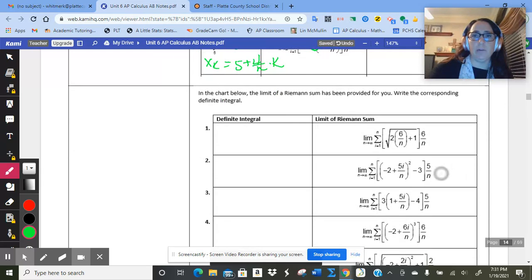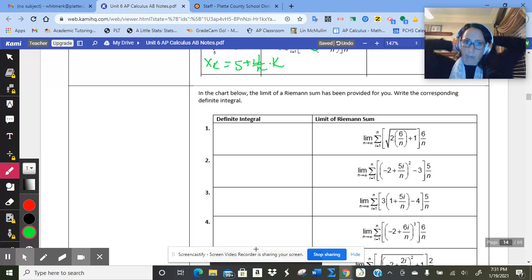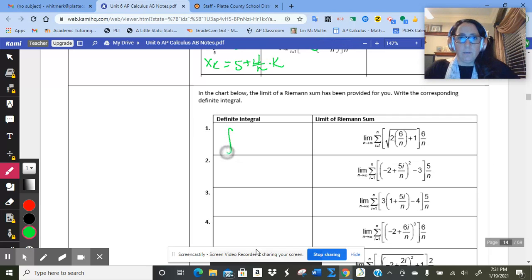So now we're going to go a little bit backwards. Here they have given me the limit of the Riemann sum, and I want to write a definite integral. If I look at this, I can see this is what I'm plugging in on the inside.